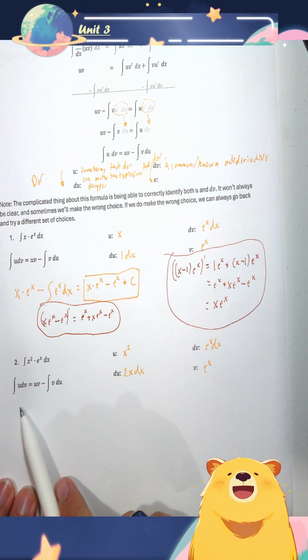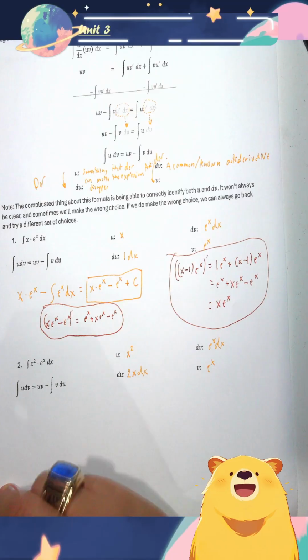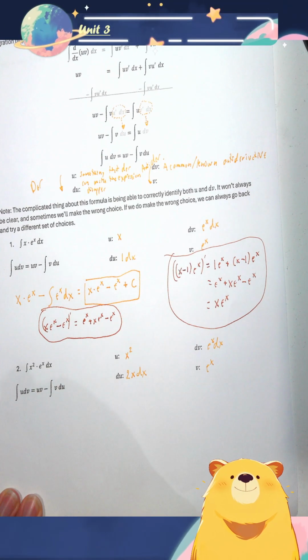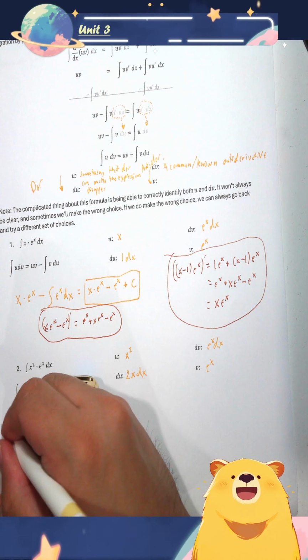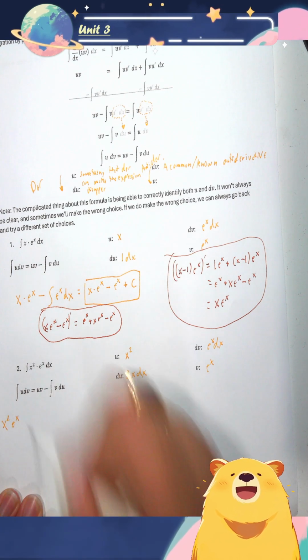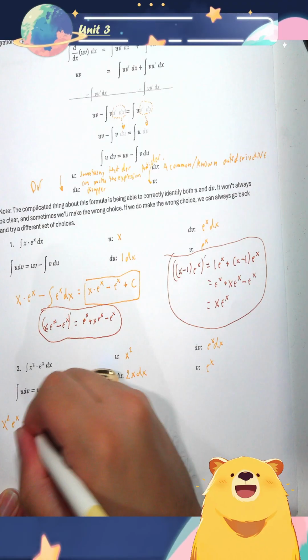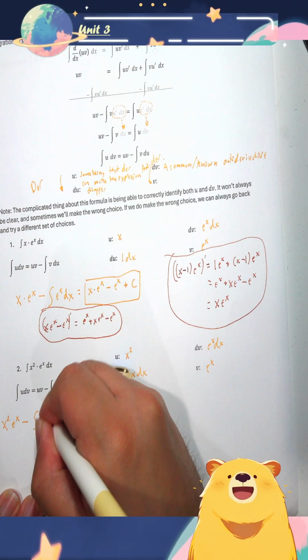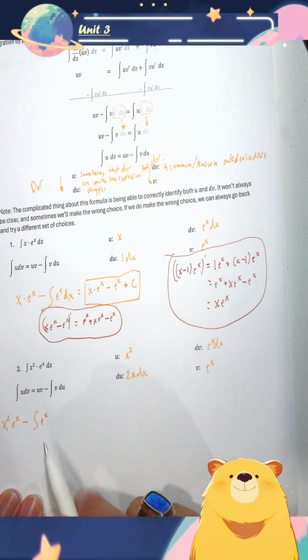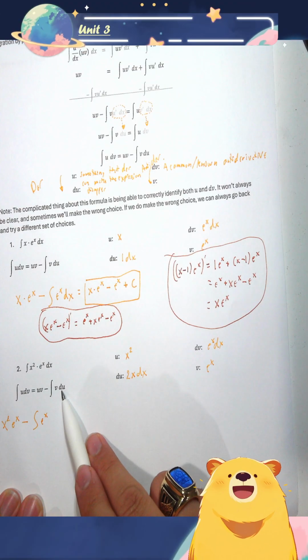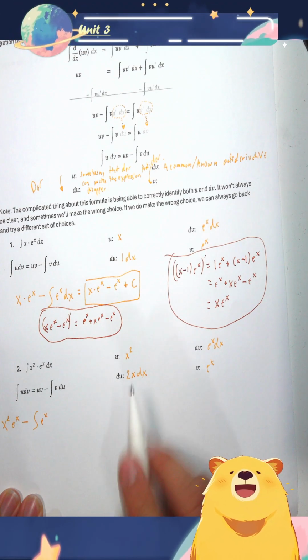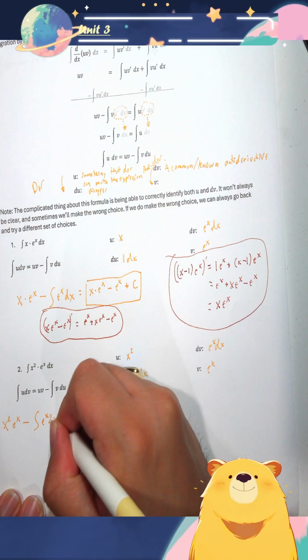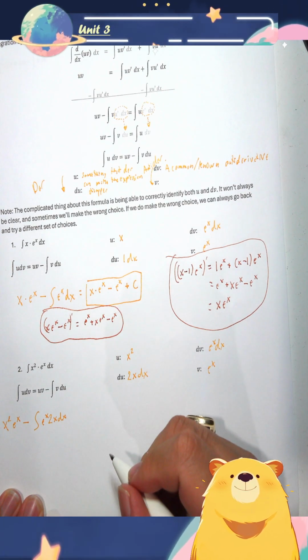Performing this substitution, you'll have u times v, which is x squared e to the x, minus the integral of v du, and du reads 2x dx.